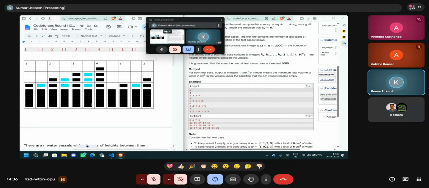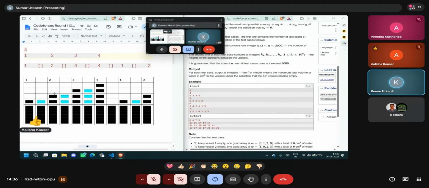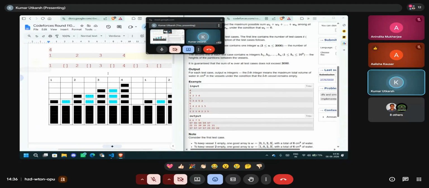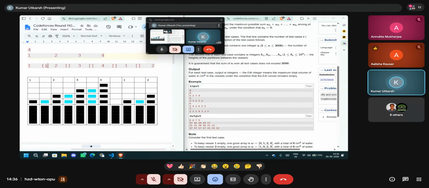If you guys have any problem, you can ask in between. So we're just visualizing empty vessels between the towers. Of height 1, there's an empty vessel here, then tower 2, there is an empty vessel after that, and tower 3, there's an empty vessel here. So we want to hold the maximum water in these vessels, right?